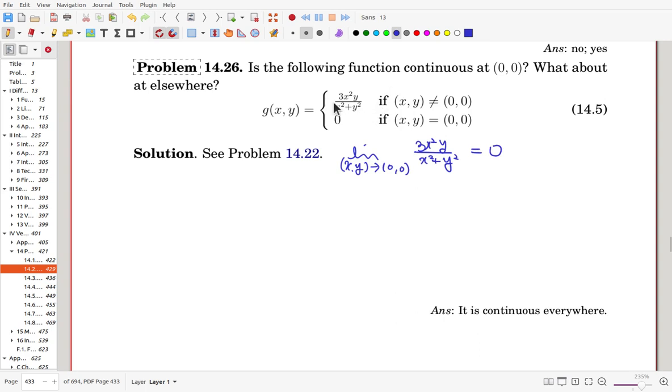So we already know that for the function g, the limit exists.